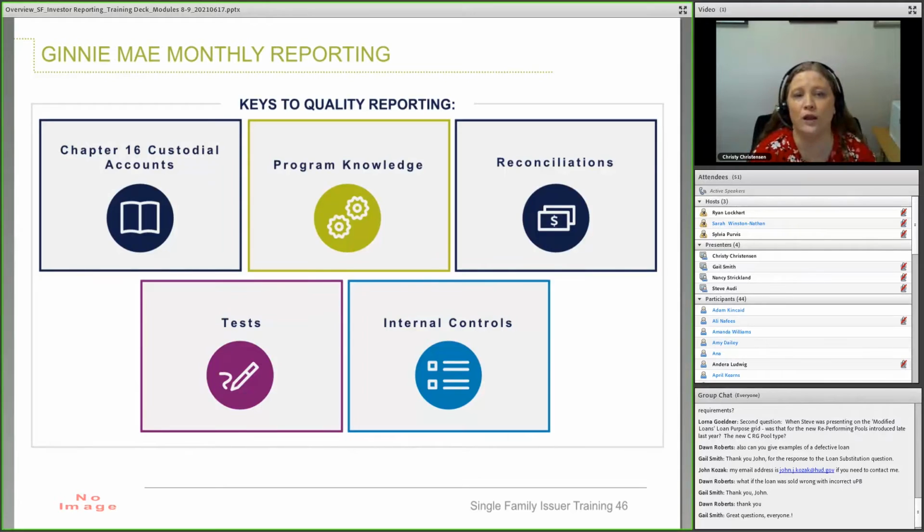Keys to quality monthly reporting for RFS are following the MBS Guide, Chapter 16 for custodial accounts, having Ginnie Mae program knowledge, reconciliations, test, and internal servicing controls.